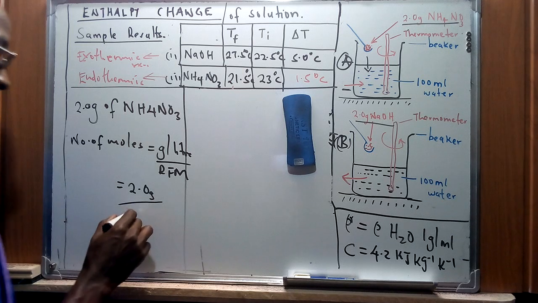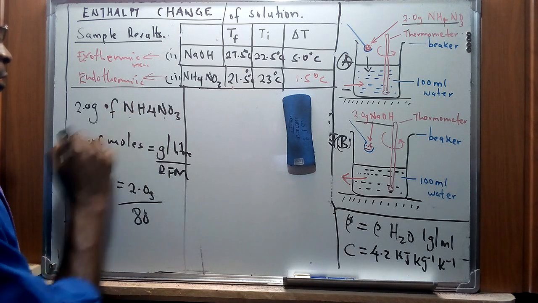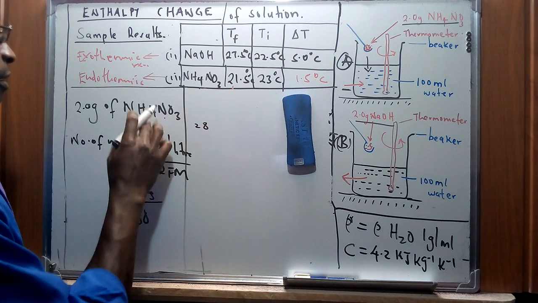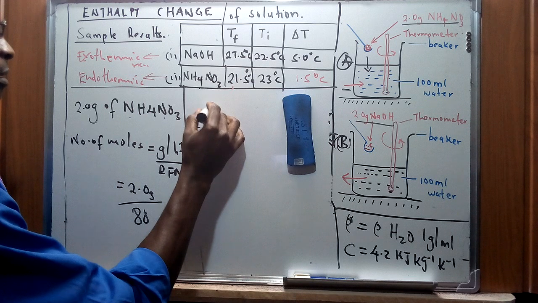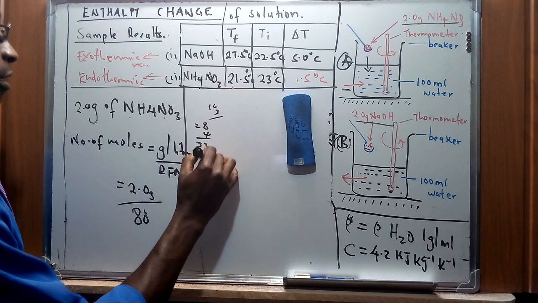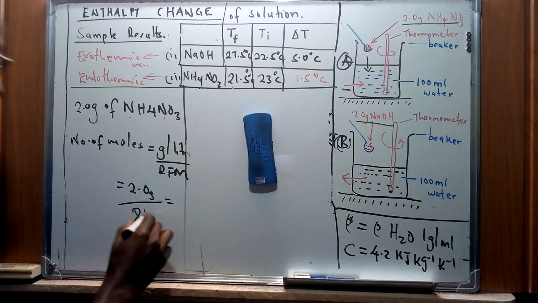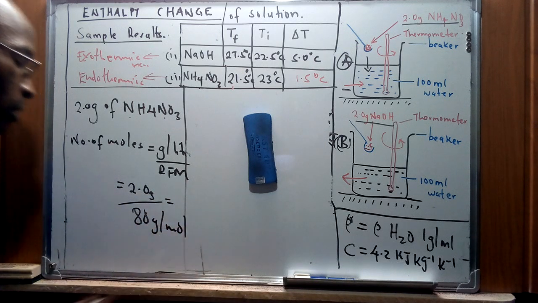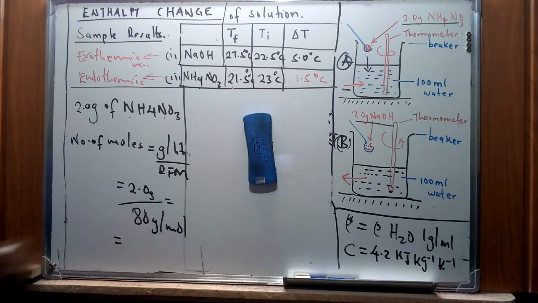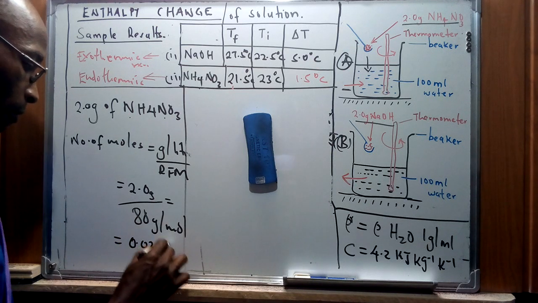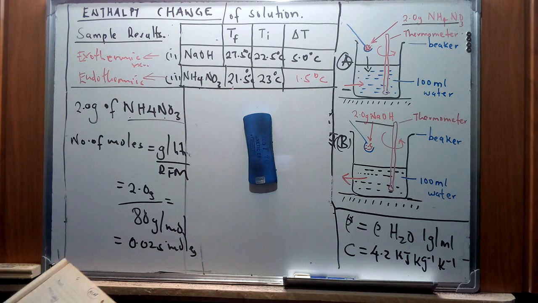For ammonium nitrate, this is 14 times 2, 28, plus 4 times 1, which is 4, plus 16 times 3, 48. So this is going to be 80, this is correct. So this is 80 grams per mole. Sorry for that. So this is going to give us 0.025 moles of ammonium nitrate that were used.